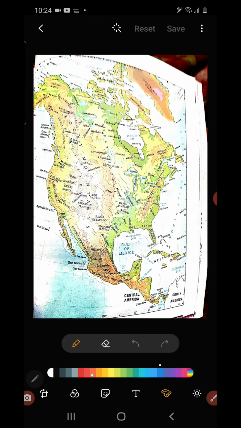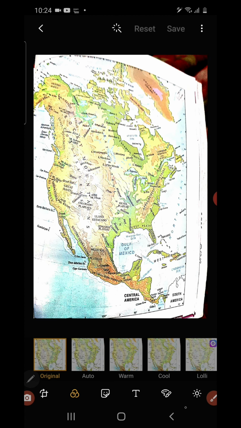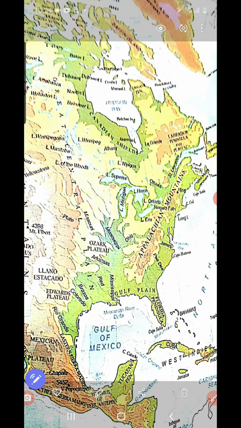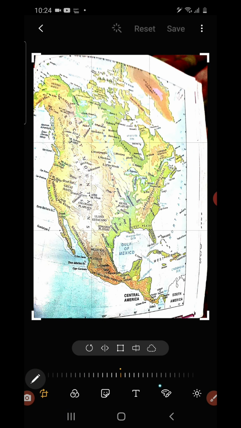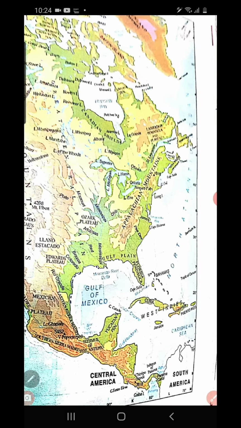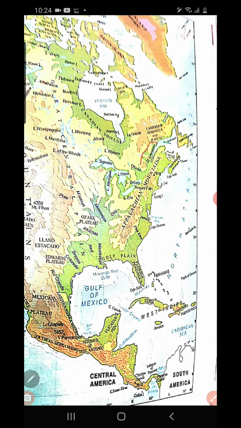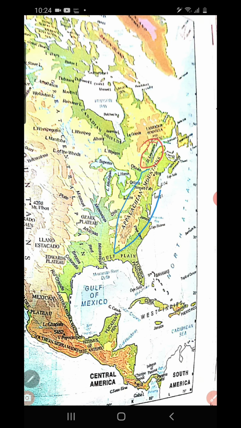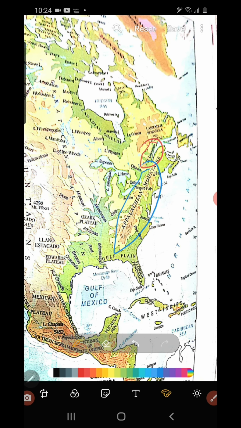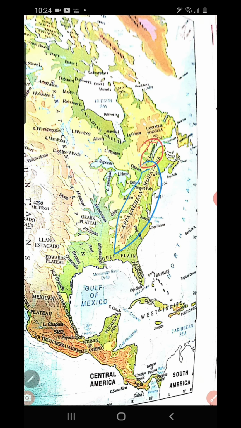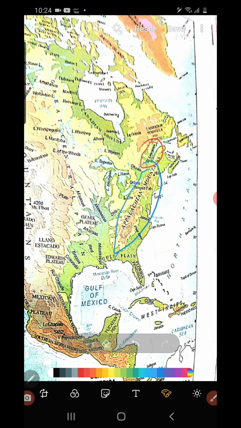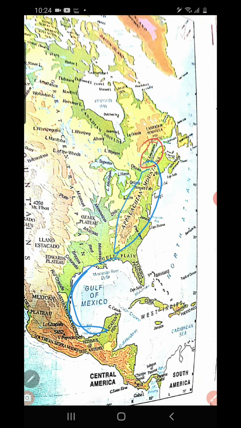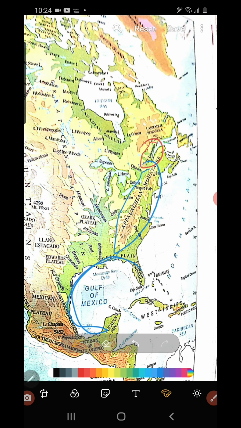So the Appalachian Mountain stretches from the St. Lawrence up to the Gulf of Mexico.